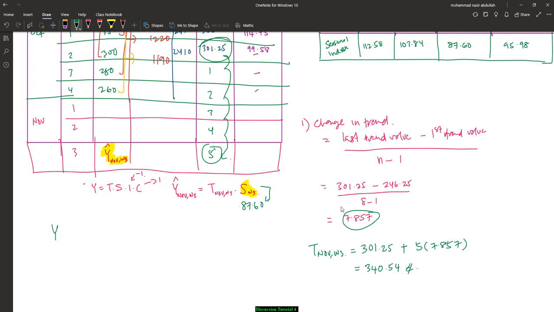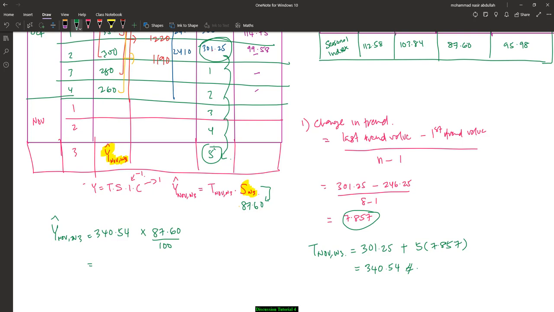So we want to put it into this value. November week 3 is 340.54 multiply with 87.60. This is in terms of percentage, so you need to divide by 100. So now how much will it be? 340.54 multiply with 87.60 divided by 100.